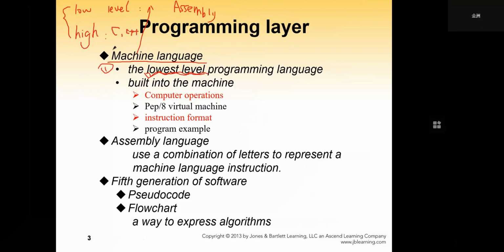So today we are going to learn about the programming language and also the algorithm, the pseudocode, all these programming contents. Today we start from the low-level language, which means the machine language.